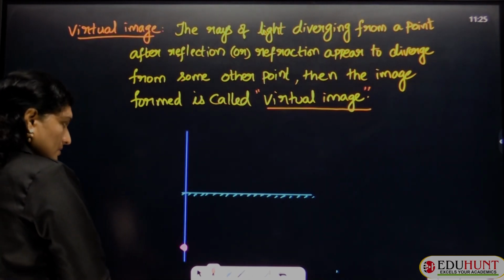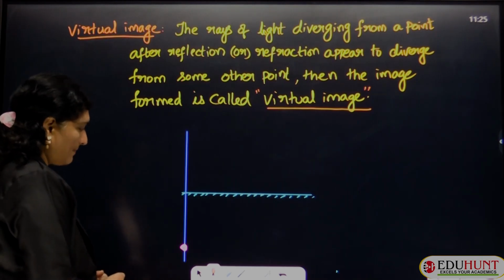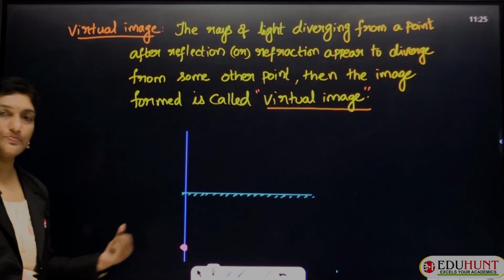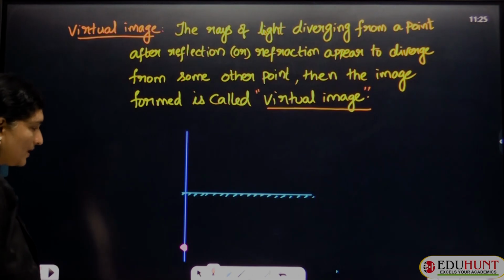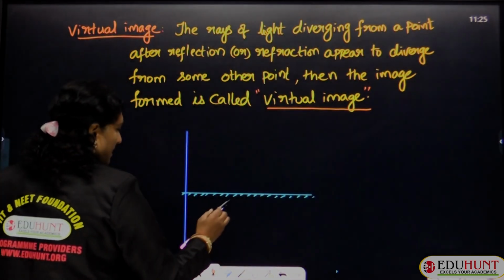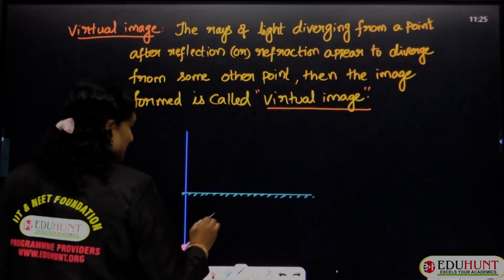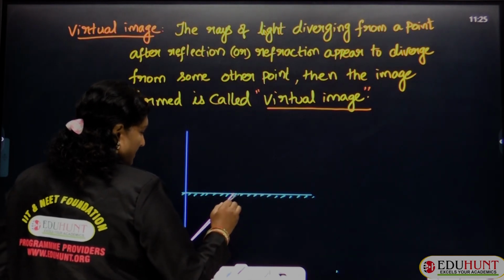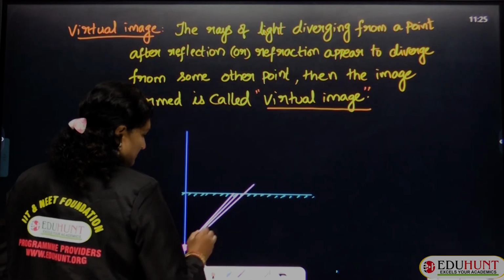I would like to see this object, then what happens? Some light rays must be emitted, coming out from this object. Let us suppose that some rays are coming out from this object in different directions.